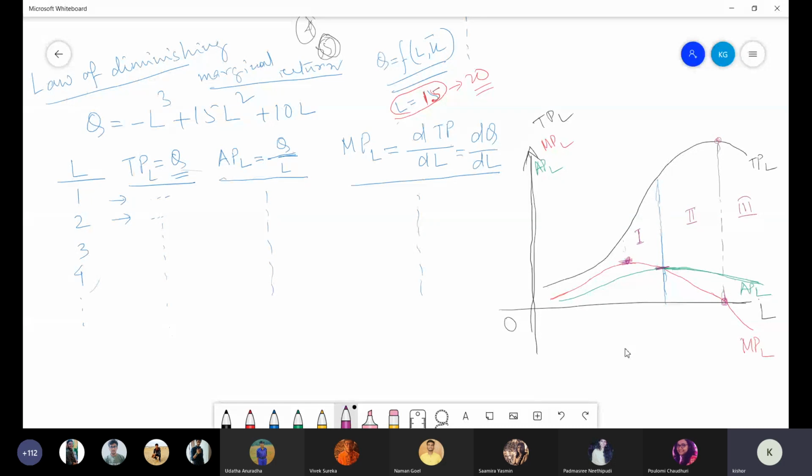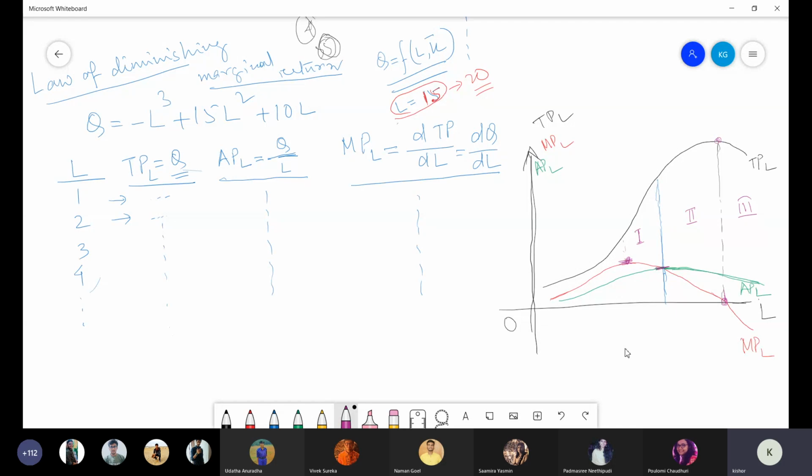You need to spend money to purchase or arrange this labor or whatever variable input. So no producer will apply that level of labor, where by applying more units of labor, your output is decreasing. Instead of getting more and more units of output, your output is rather decreasing.